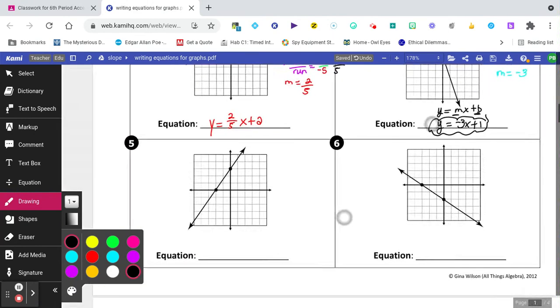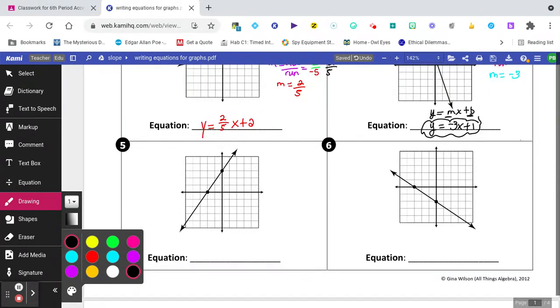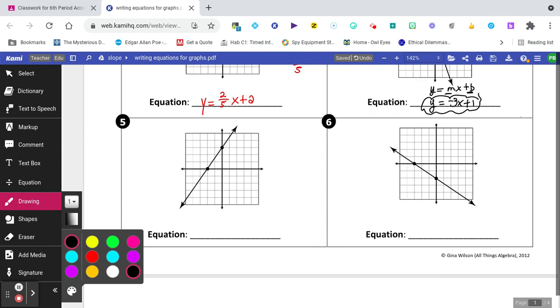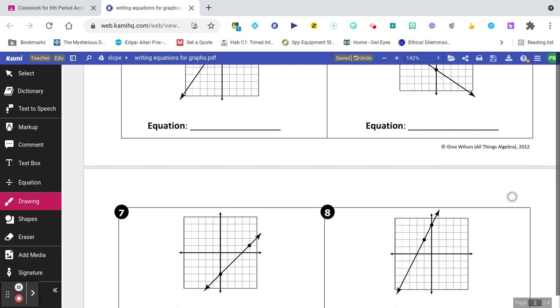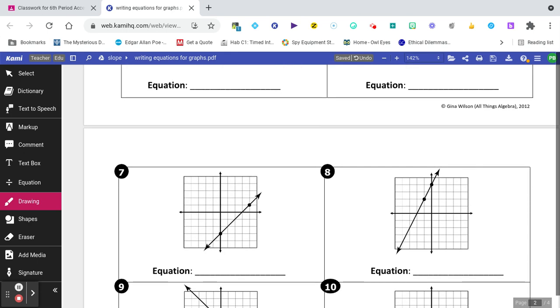Okay, I'm going to skip 5 and 6 for now. You're going to have to do the ones that I don't do, and you're going to work on those in class.